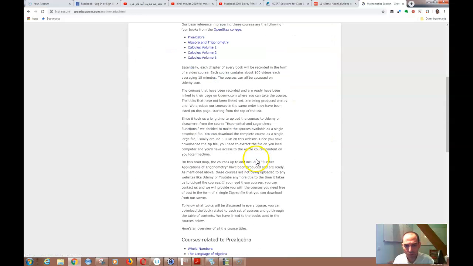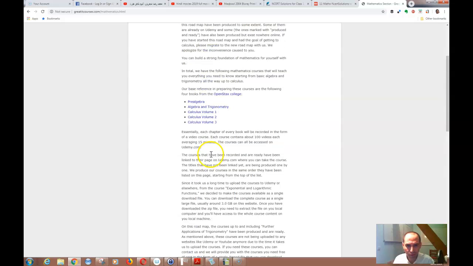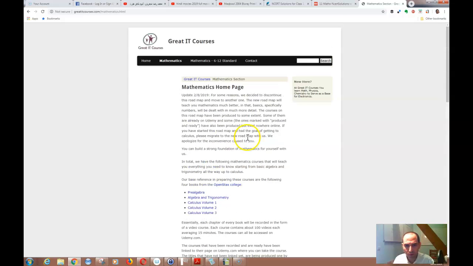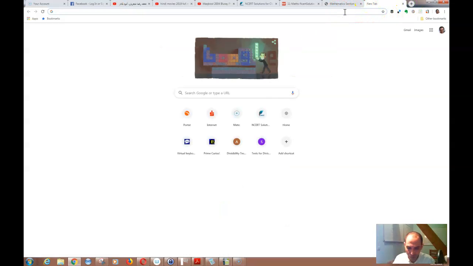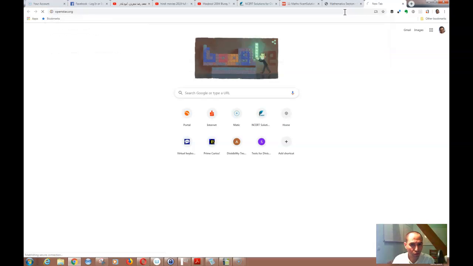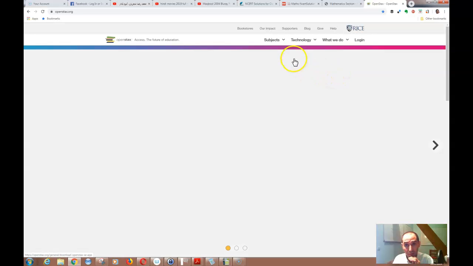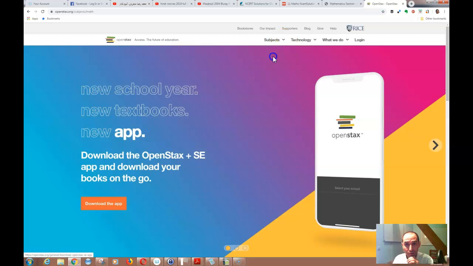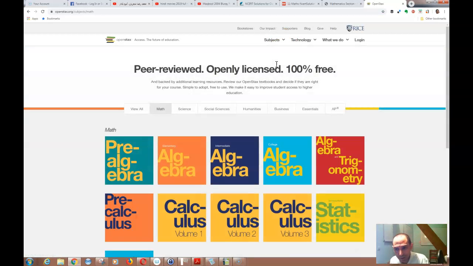Back then it was a bunch of books from the OpenStax College, OpenStax.org. If you go to subjects, math, you can see there is a book over here, Algebra and Trigonometry. I was busy with this book.